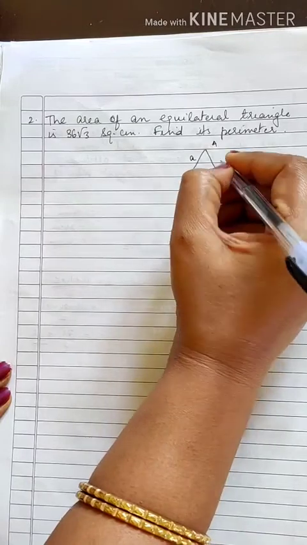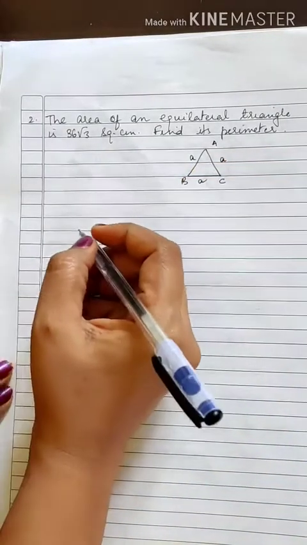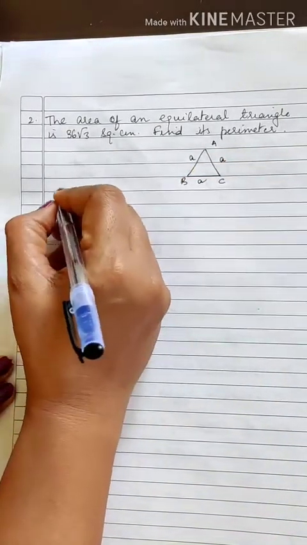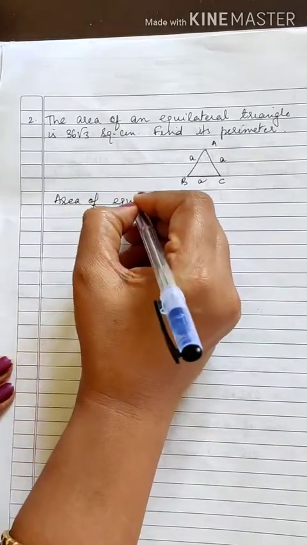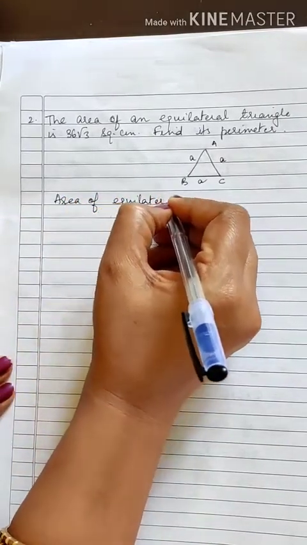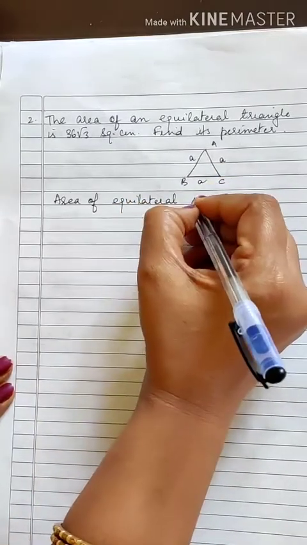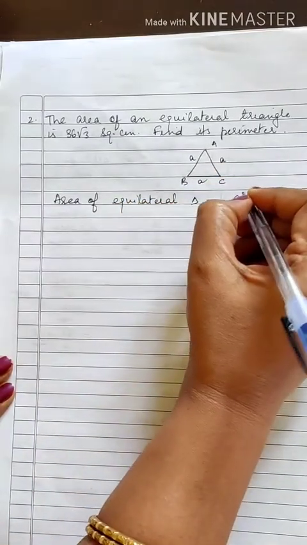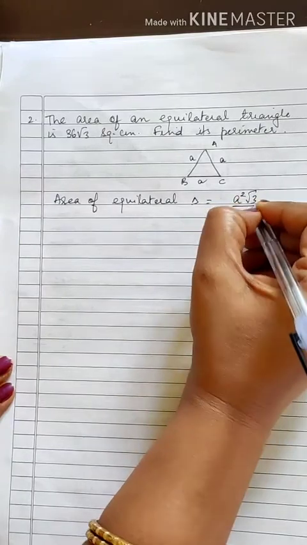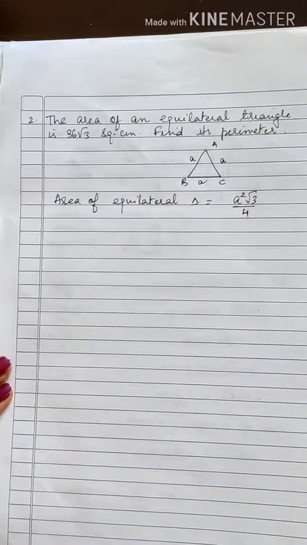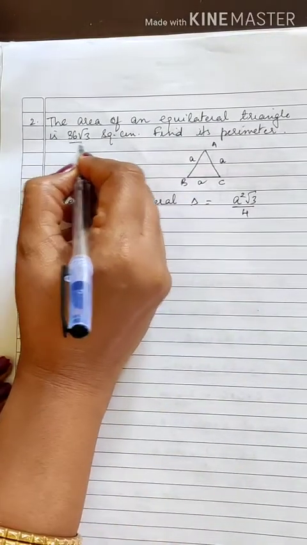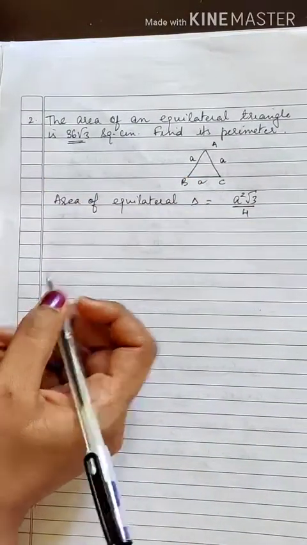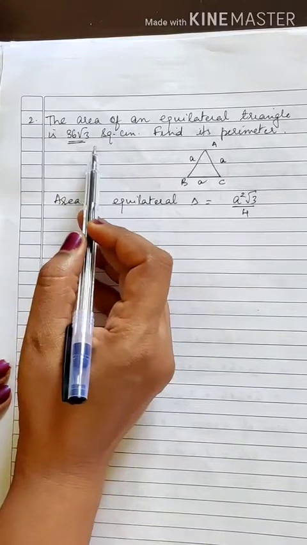Now I will take A as the side of this equilateral triangle. So the formula for the area of an equilateral triangle is given by A square root 3 by 4. Be thorough with the formula. Whereas in the question it is given as 36 root 3.